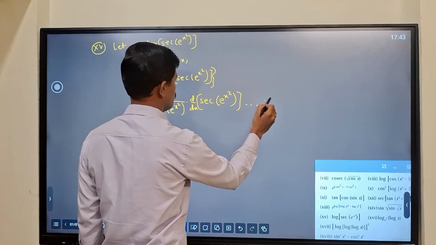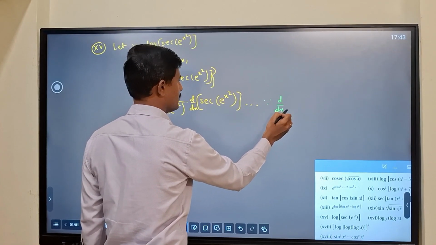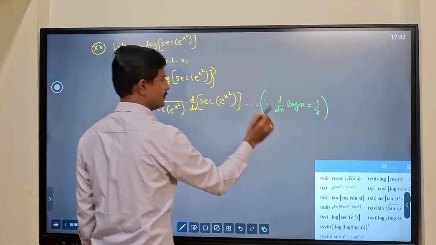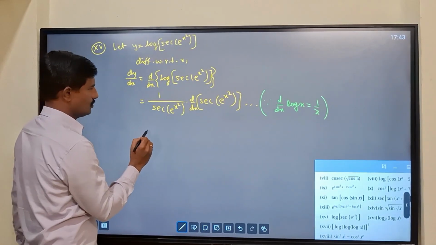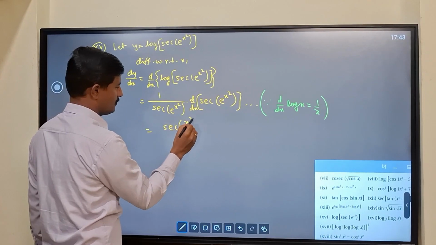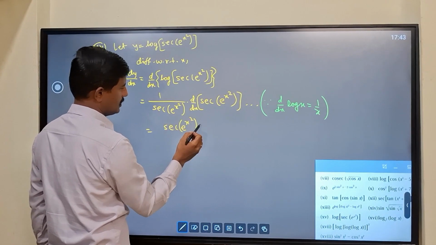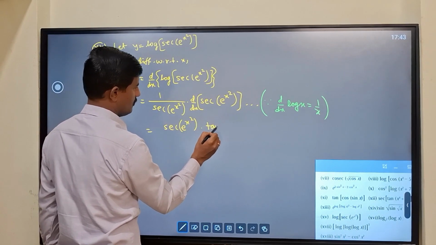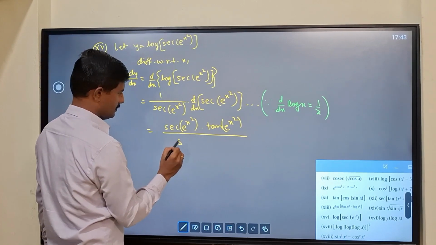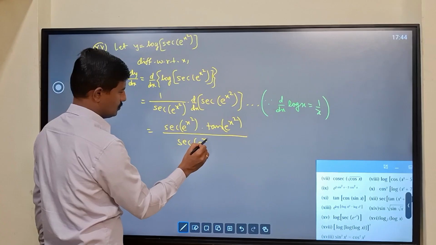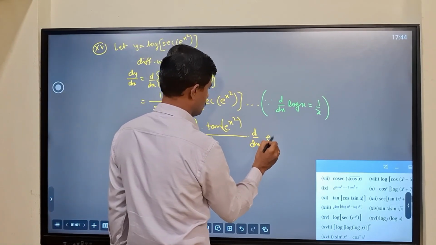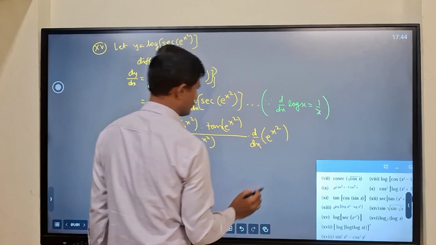Okay, we used formula d dx of log x is 1 upon x. Now the differential of sec x is sec x into tan x, meaning sec of e raised to x square into tan of e raised to x square upon sec of e raised to x square, d dx of e raised to x square.